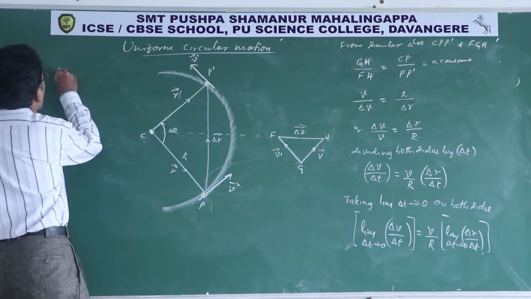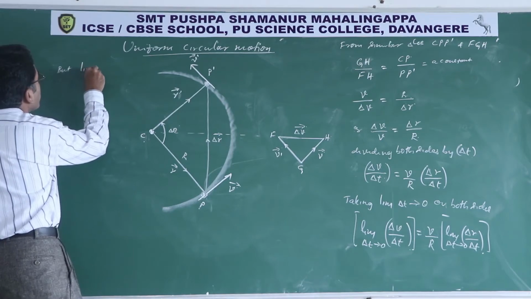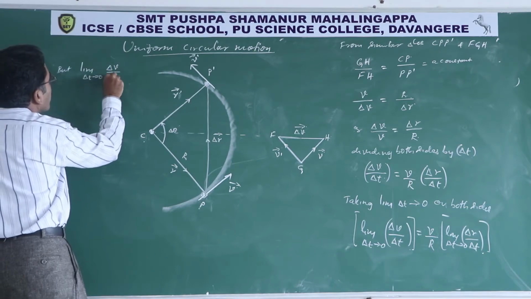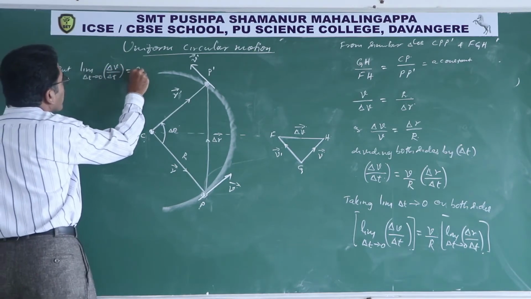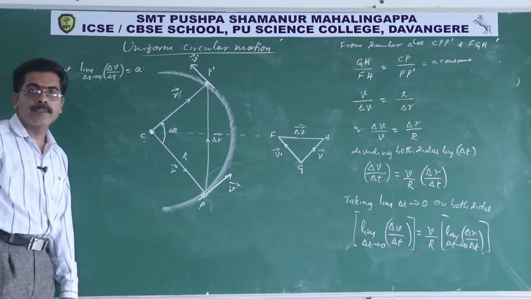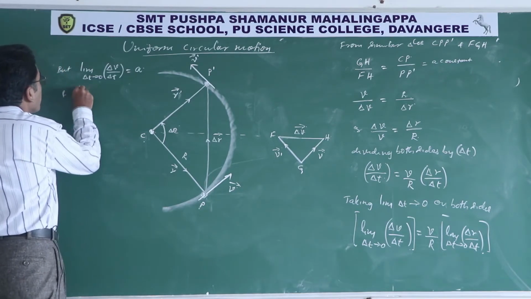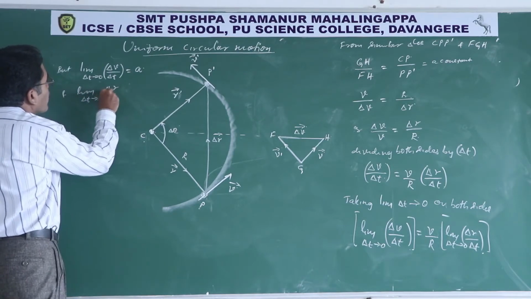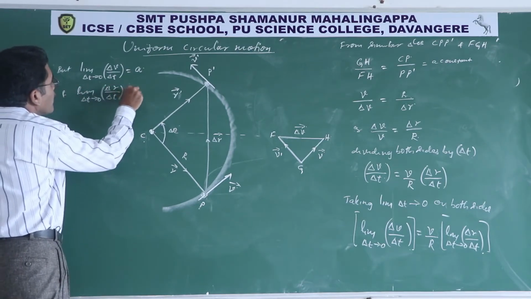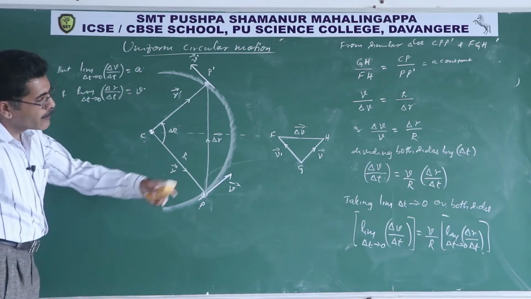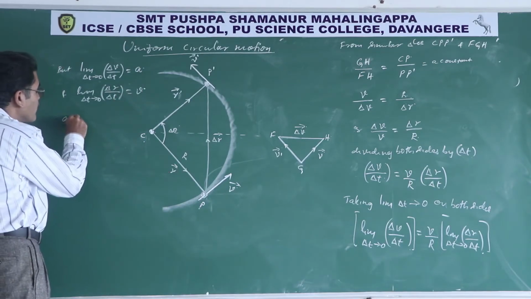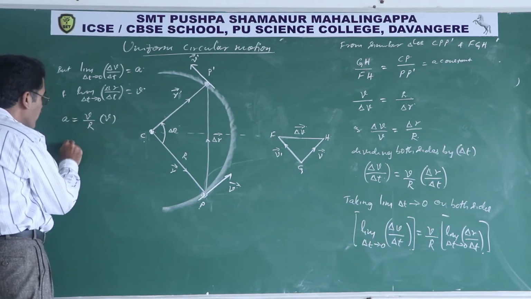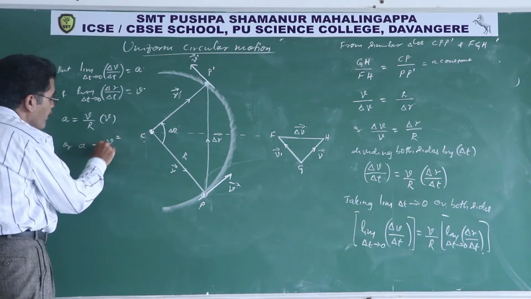But limit delta t tending to 0, delta v by delta t is equal to a, the instantaneous acceleration, and limit delta t tending to 0, delta r by delta t gives you v, the instantaneous velocity. Therefore that equation becomes a is equal to v by r into v, or a is equal to v square by r.